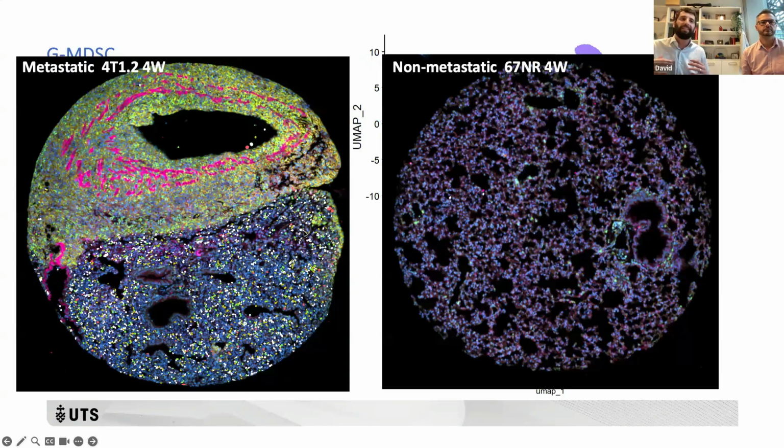They are also not really sitting in the tumors, but on the outside of the tumors, and it gives you some positional information about these neutrophils. We can then run additional analyses to see, are they more likely to be closer to the tumor than other types of neutrophils? And it's also important that the non-metastatic has little to none.